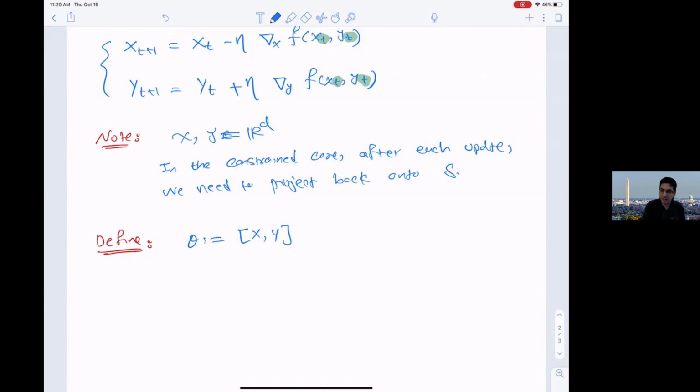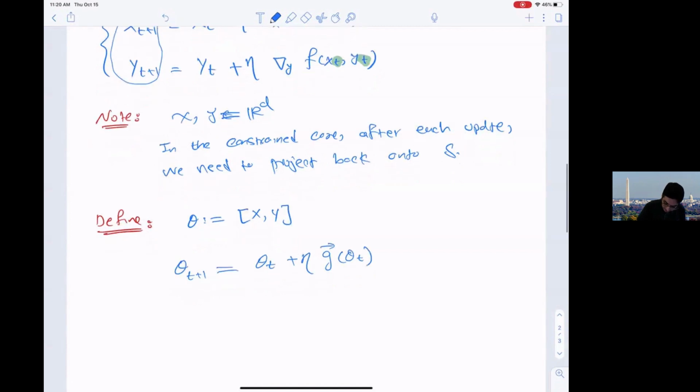So in that case, I can write the dynamics of GDA, simultaneous GDA, as one update equation on theta. So in that case, I'll have theta at t plus 1 equal to theta at t plus eta, which is my learning rate, times the gradient vector. So this is the gradient vector evaluated at theta t.